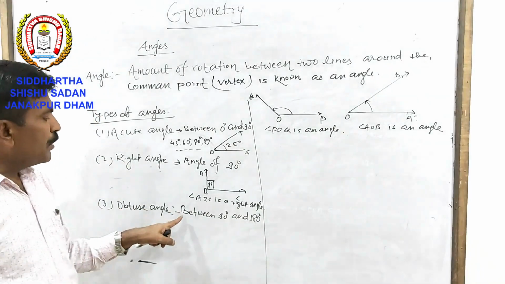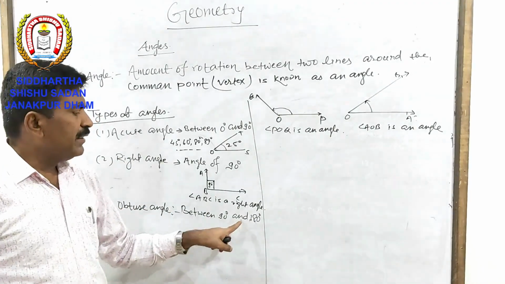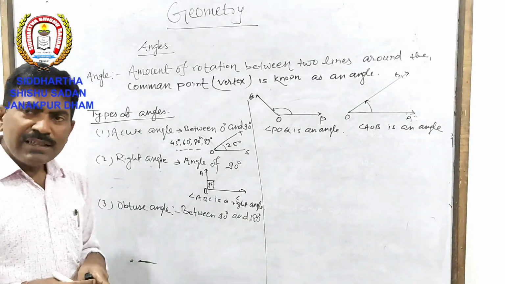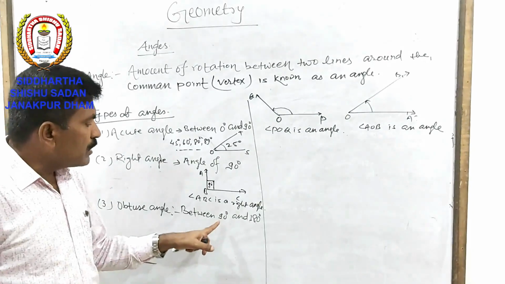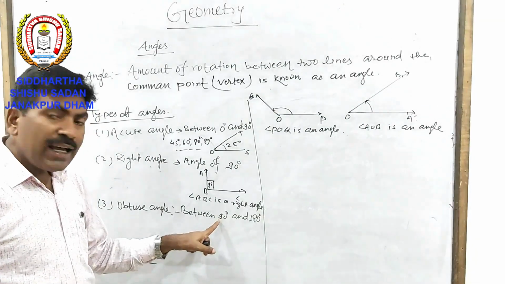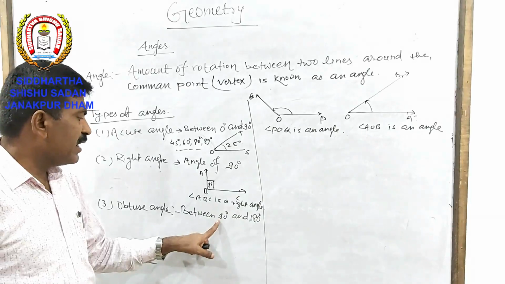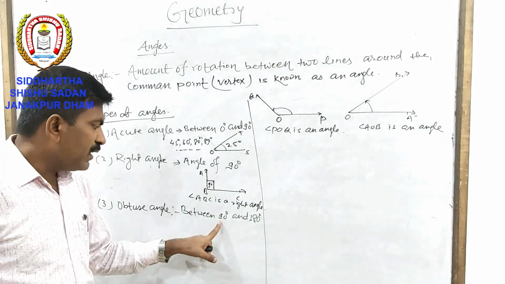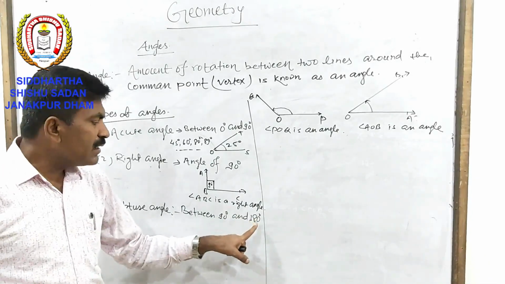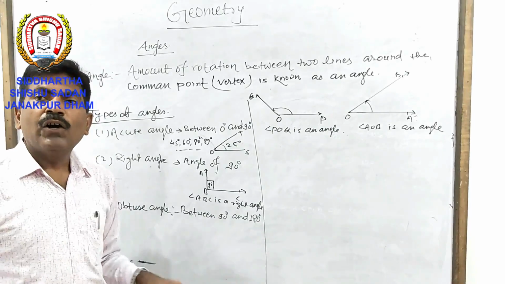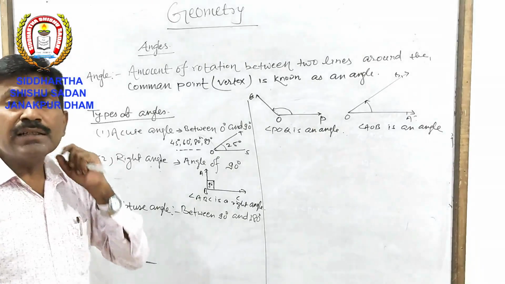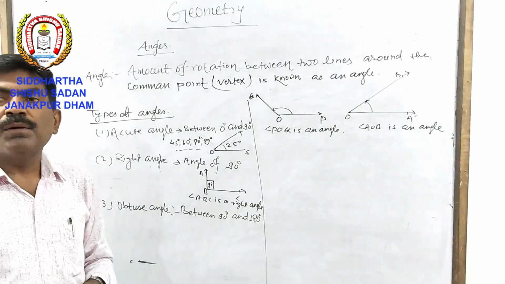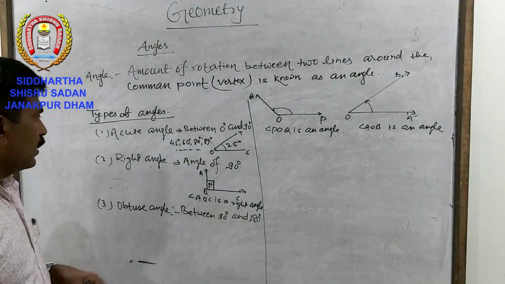This means the angles which lie greater than 90 degree and less than 180 degree. All these angles which lie between 90 degree and 180 degree are examples of obtuse angle.